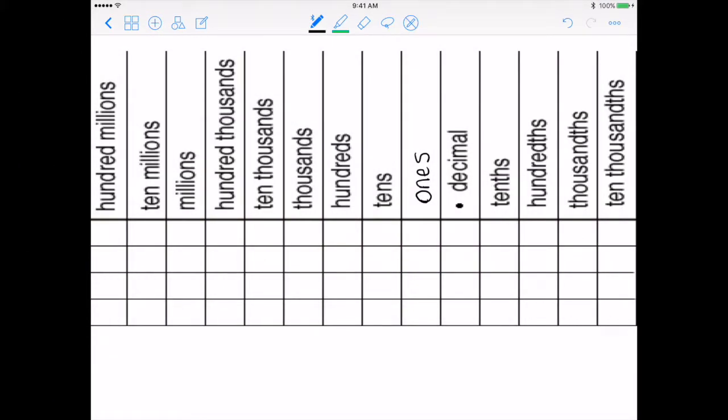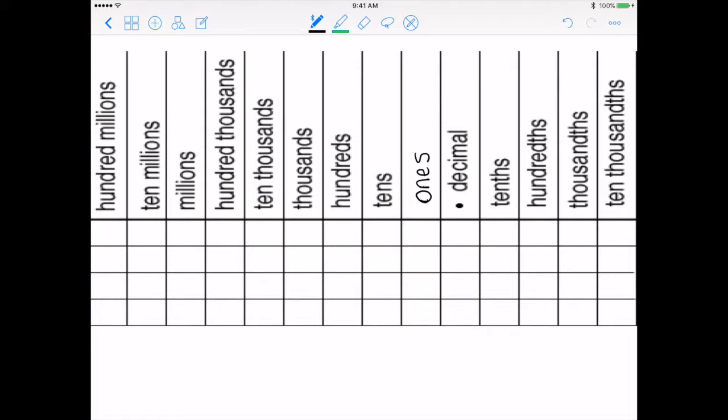Okay, so we've talked about the role that place value plays when we compare different numbers to one another. But now let's talk about place value when we compare digits within a single number.